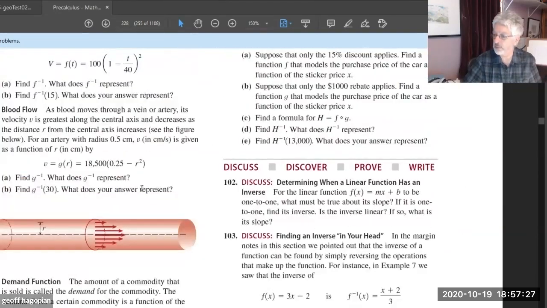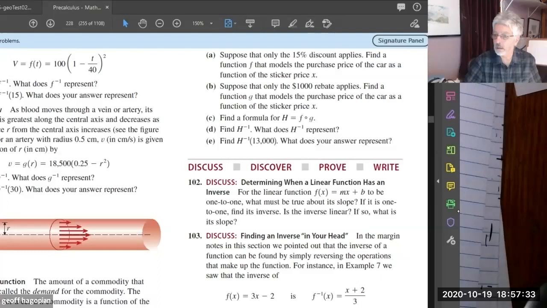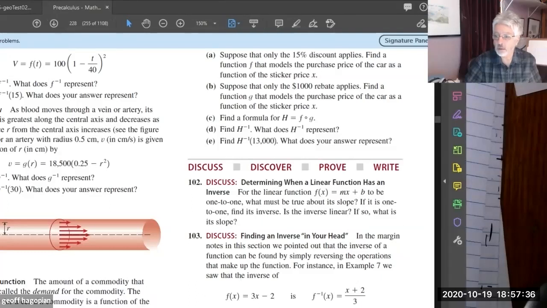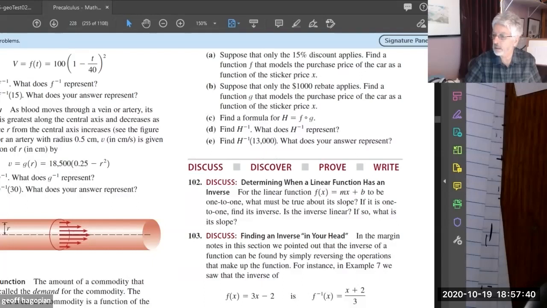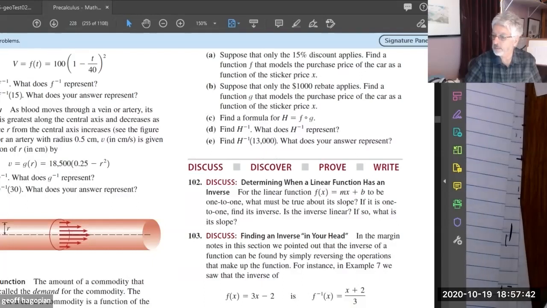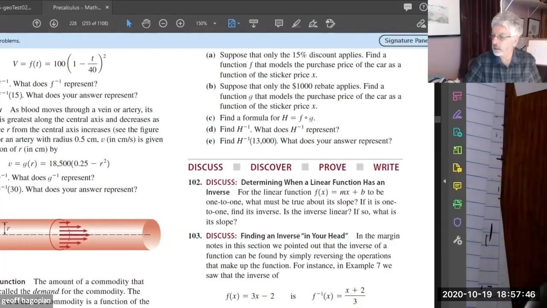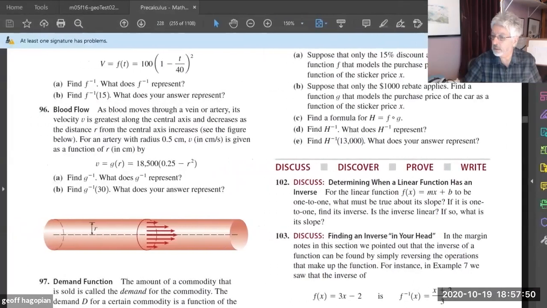Here's the blood flow problem. Oh, and now I do see a horizontal scroll bar. Okay, it's not fitting in the page because I don't know why. Oh, I see. So I want this one. There we go.